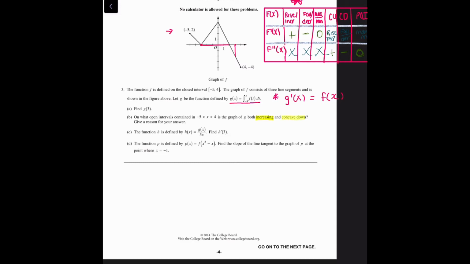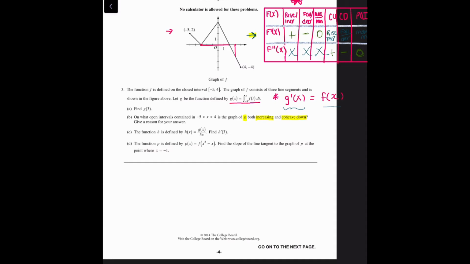Okay, part B says on what open interval contained in -5 to 4 is the graph of g both increasing and concave down? Give a reason for your answer. So they're asking about the graph of g, meaning if I want to talk about where it's increasing and concave down, I want to analyze its first derivative. So we know that the first derivative of g is equal to f of x.